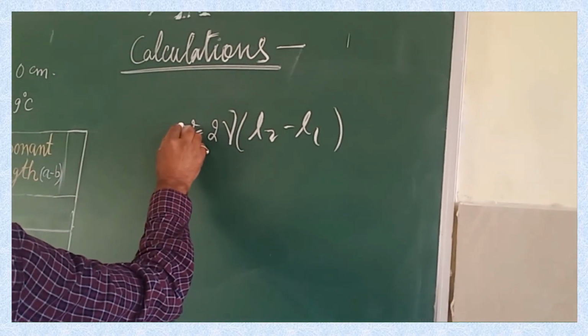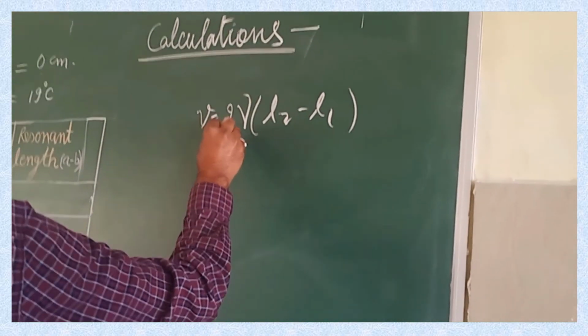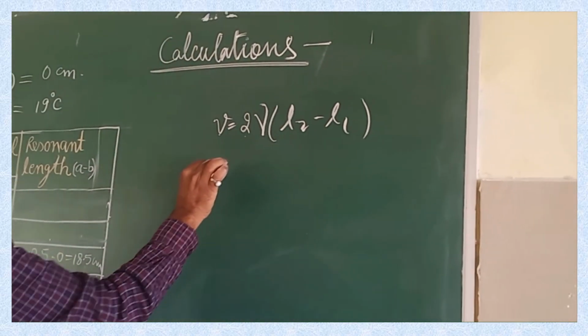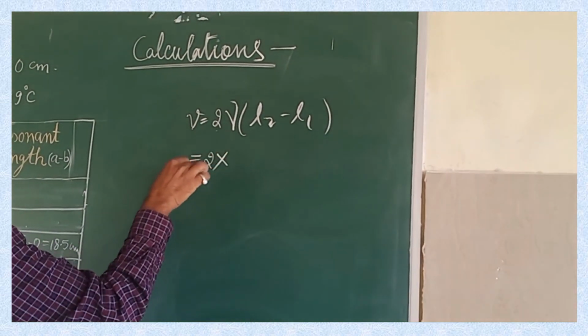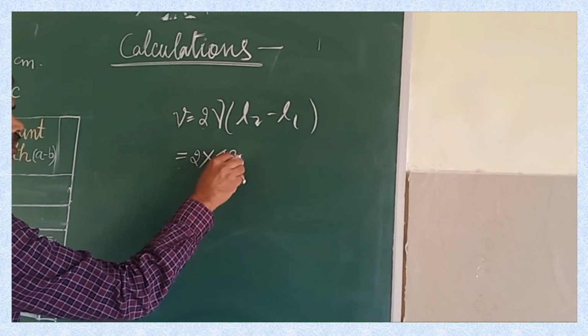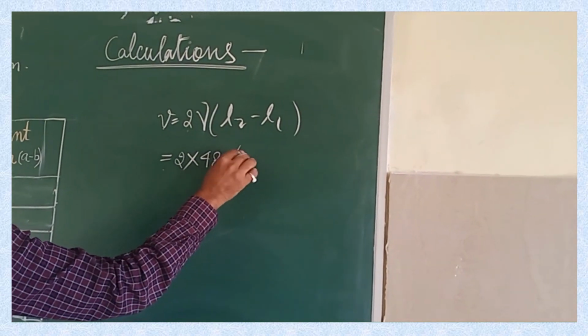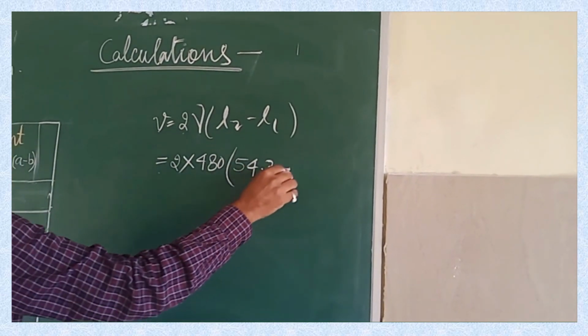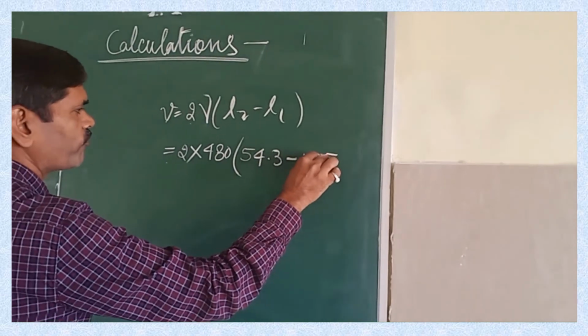Then do the calculation to find the speed of sound in air at room temperature. So V is equal to 2 nu times (L2 minus L1). Now 2, the nu is the frequency of the tuning fork, that is 480. L2 is 54.3, L1 is 18.5.